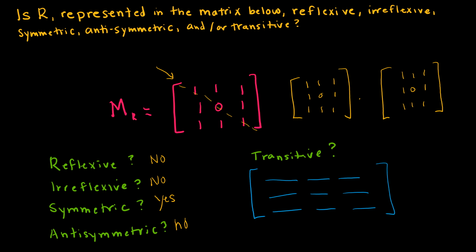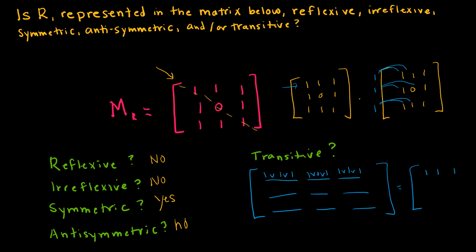I'm going to take this first row and turn it into a column and say that's definitely a 1, 1, 1. So 1 or 1 or 1. And then 1 or 0 or 1. And then 1 or 1 or 1. And in my product matrix, I would get 1, 1, and 1.